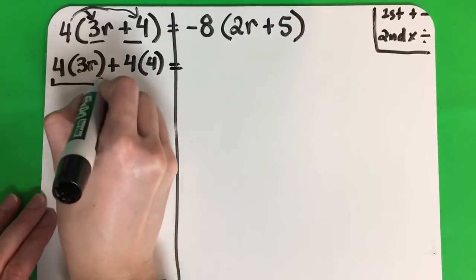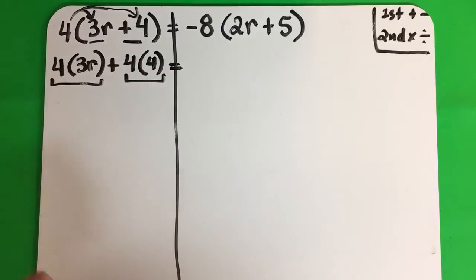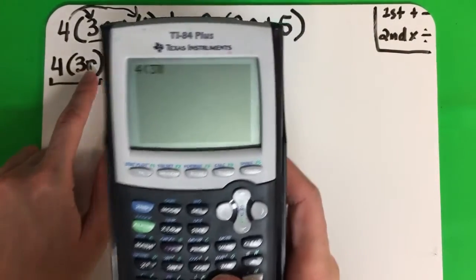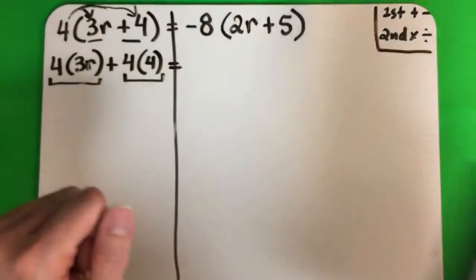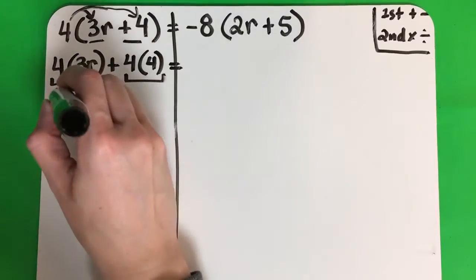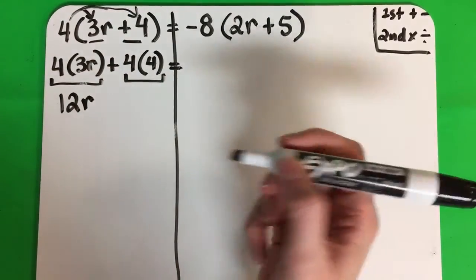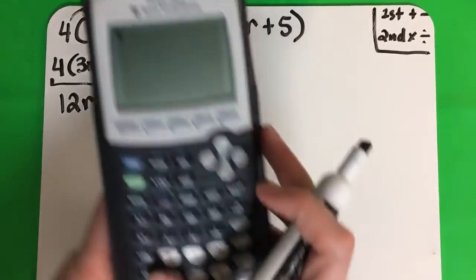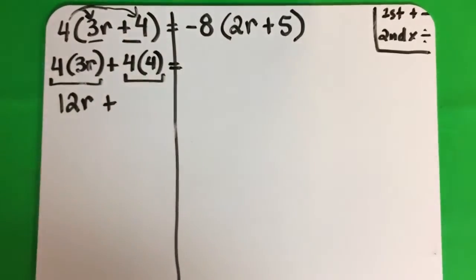Now we're going to do our parentheses again. 4 times 3, 4 por 3. So 4 parenthesis 3, no R in the calculator, no R en la calculadora. 12. Copy R. Only copy R. Solo copiar el R. Plus 4 times 4, 4 por 4. 4 parenthesis 4 parenthesis. 16.